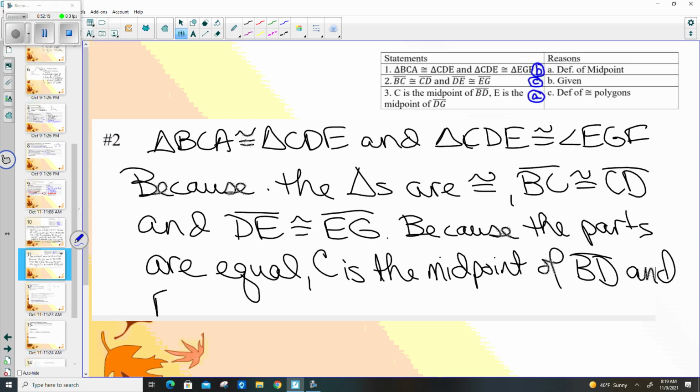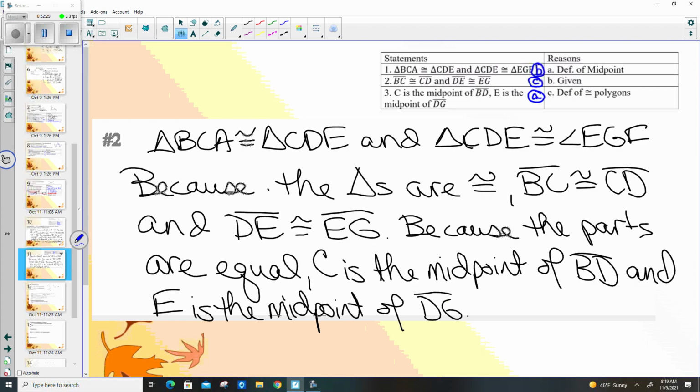And E is the midpoint of DG. So again, just literally taking the statements and reasons and putting them in a sentence, but not saying the word definition, not saying the word given.